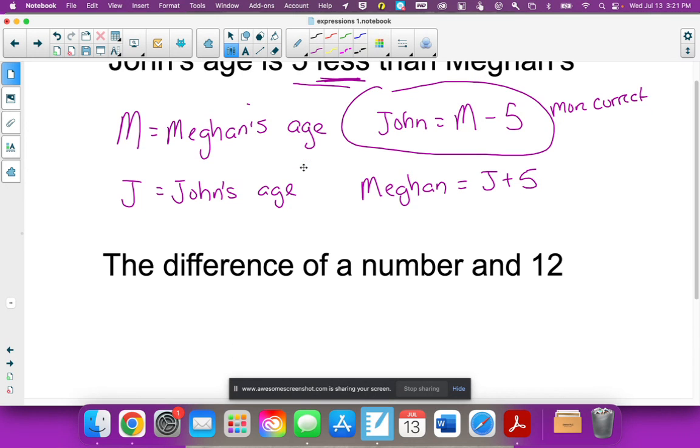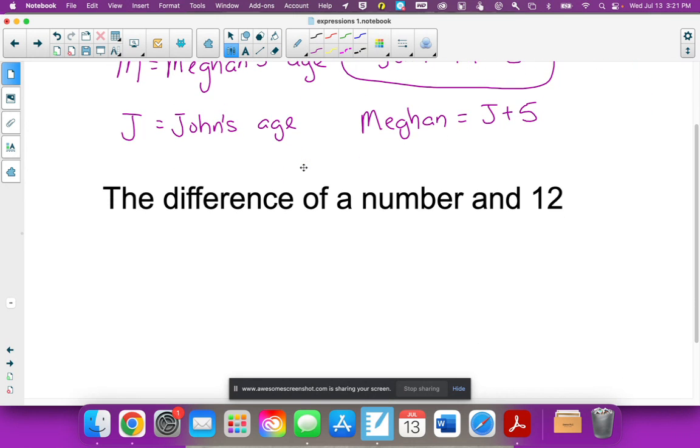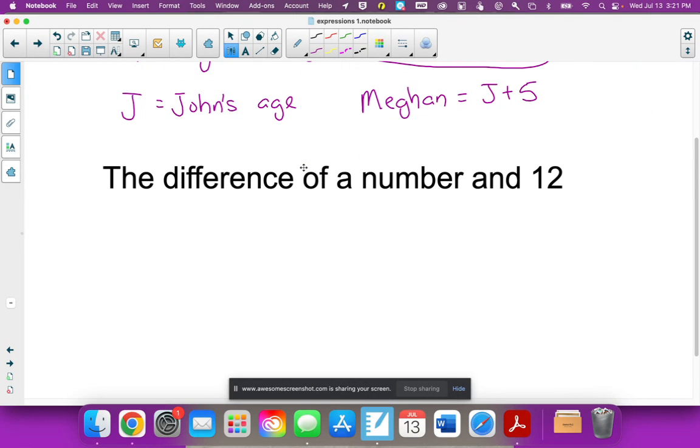Okay, so the next one, very, very easy because we're not given two different things to look at, right? We don't have two different possibilities for variables. All right, so we're looking at difference. That means subtract. Pick your favorite variable for a number.